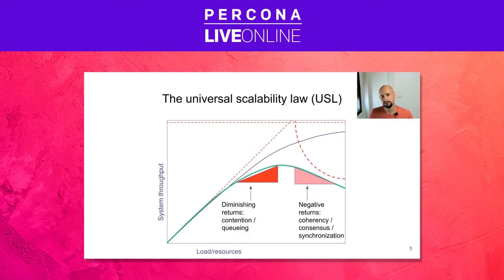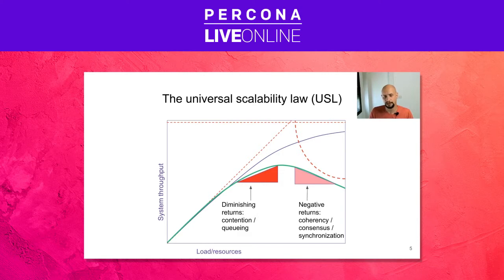But at some point, the growth or the scaling becomes less than linear, or you get diminishing returns, if you will. And the reason for that is because you have some shared resource and you queue on that shared resource. So even if you add more, let's say, CPU cores or machines, they can't be fully utilized.